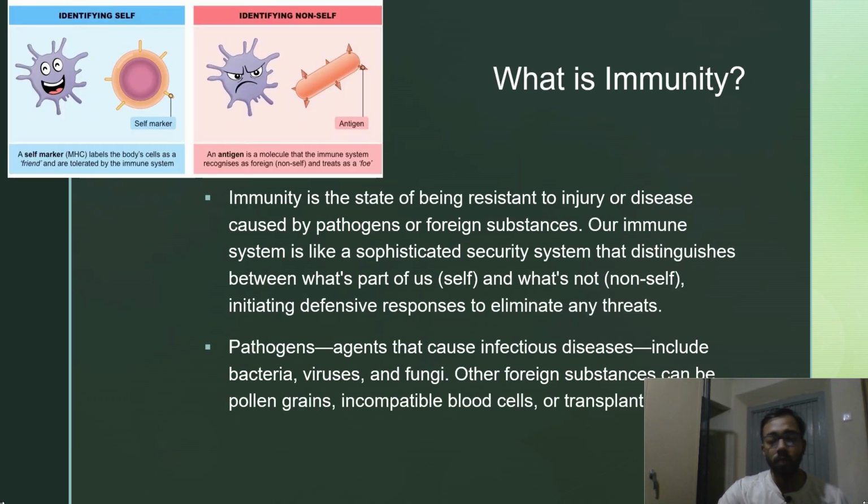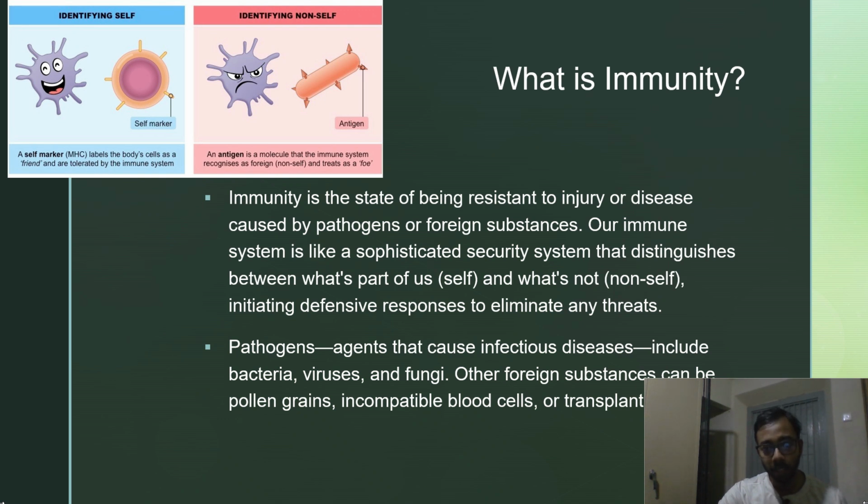So let's move on to the definition of immunity. Immunity is the state of being resistant to injury or disease caused by pathogens or foreign substances. There are so many microorganisms in our environment, not only in our environment, even on our skin.